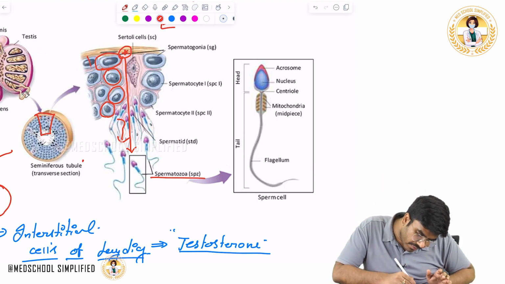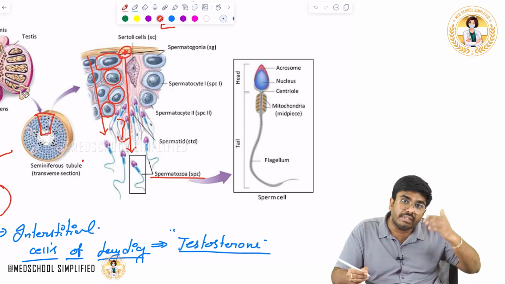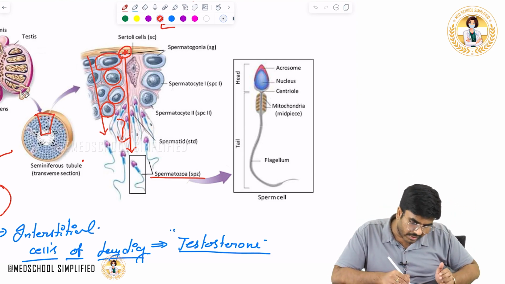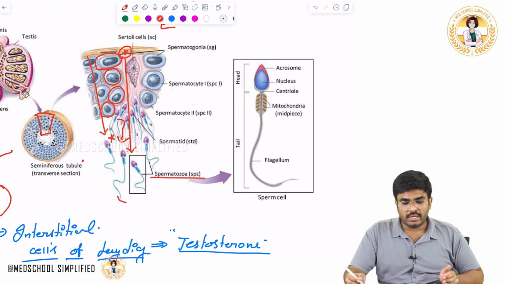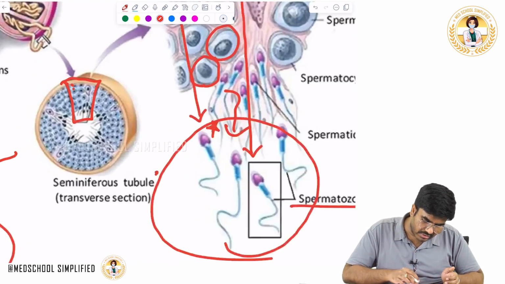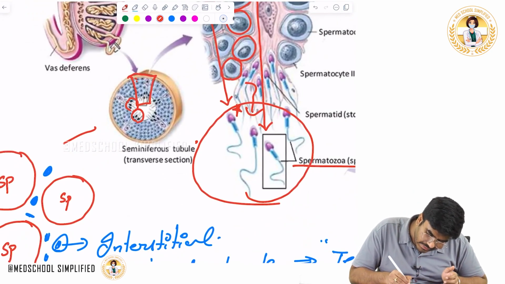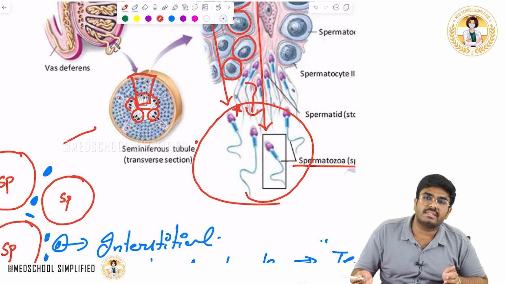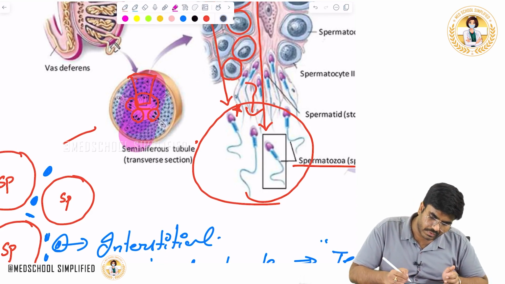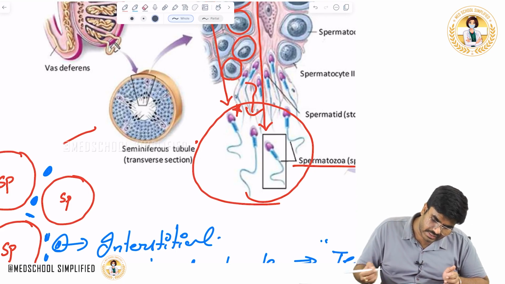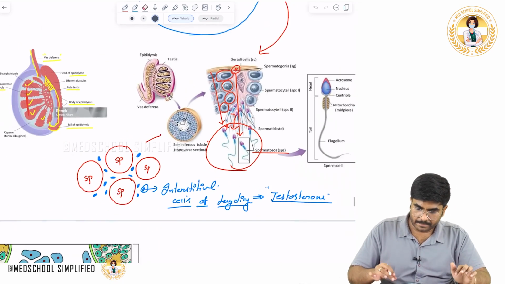So from the periphery, the primitive cells are converted step by step into mature cells. So, in the center you will see spermatozoa. That's why even in this cross section, in the center area, you are seeing these matured cells, spermatozoa. Okay, let me erase it. In the center, you can see the spermatozoa.